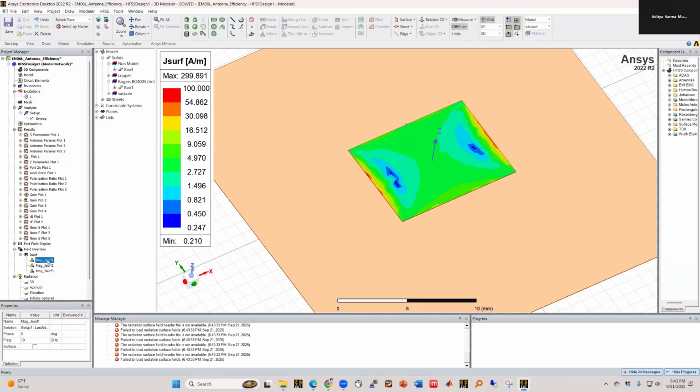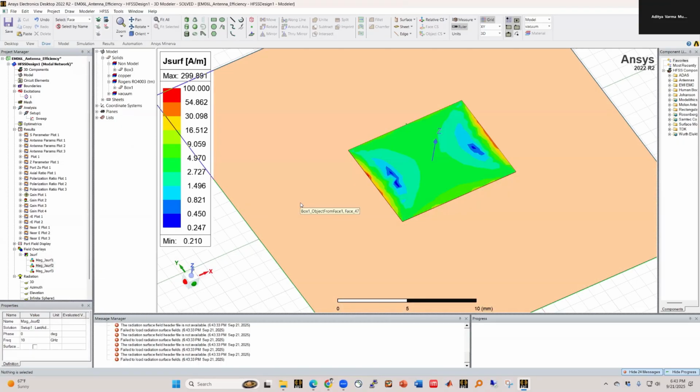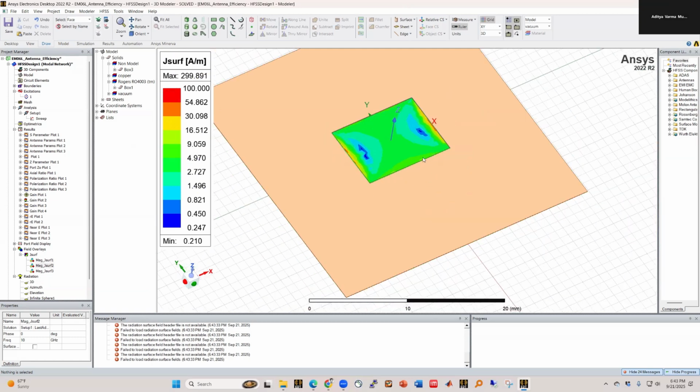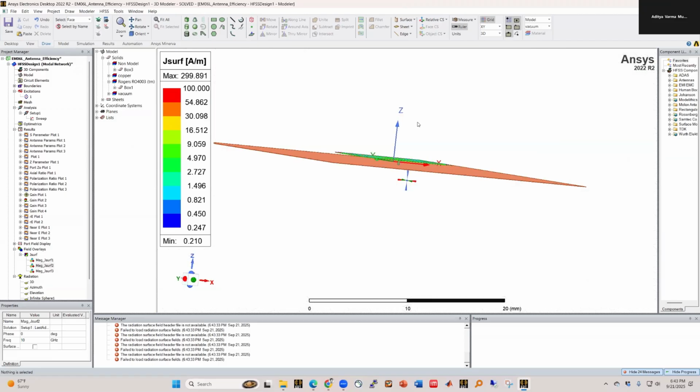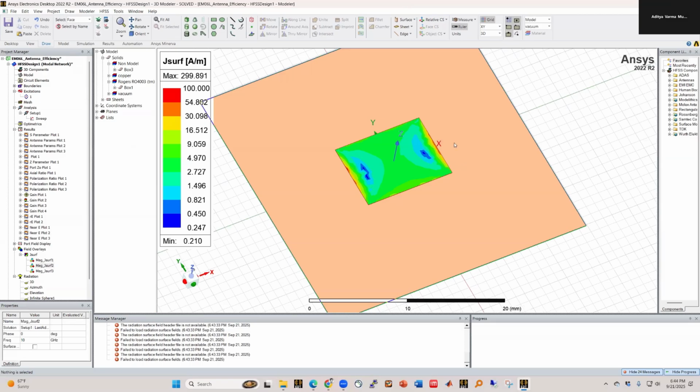Block that. Okay, so the currents on the top face are basically close to 0. You don't have much current on the top face. And the reason behind that is that the excitation is on the bottom. So the mode inside the patch is generated between the patch and the ground plane, and very little current actually leaks from the sides onto the top.